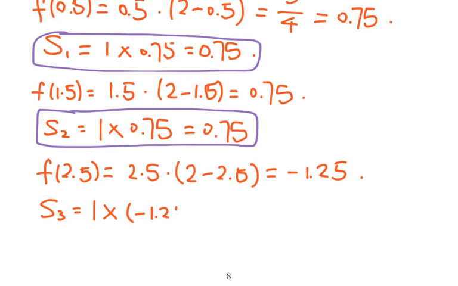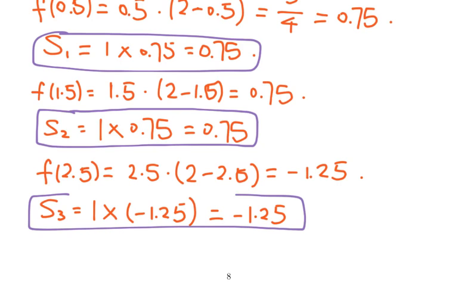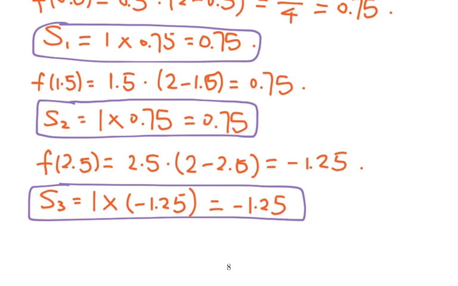And then to give an approximation of this integral, we need to add the three areas together. That is, we have 0.75 plus 0.75 plus the third negative area, negative 1.25, and this is equal to 0.25. Okay, this will be our final result.